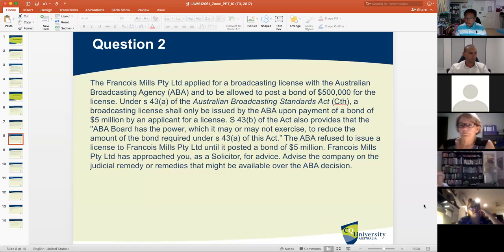The exercise of discretion, even if it is stated as being absolute, must still be exercised reasonably. So here the answer would be, as pointed out correctly by Monique, I would advise the company that there is unfortunately no judicial review remedy that is available because the decision of the ABA is lawful.